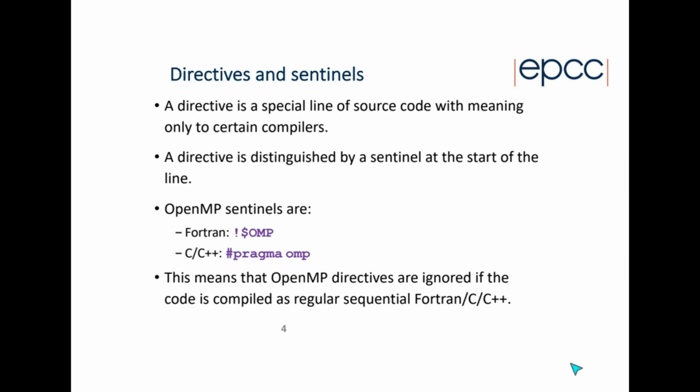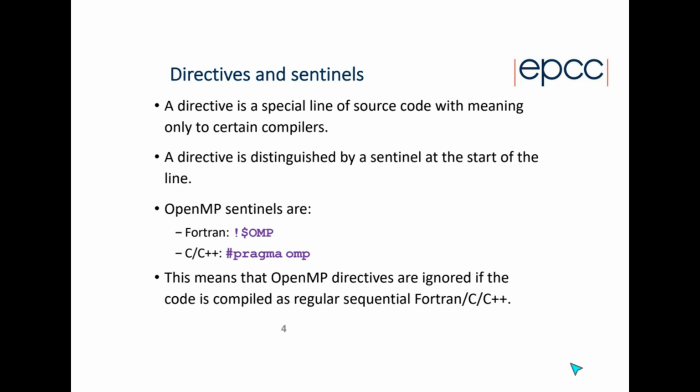So what's a directive? A directive is a special line of source code that has meaning only to certain compilers, or has meaning only if a compiler has a certain flag set. So it's an extension to the underlying base language. A directive in OpenMP is distinguished by what's called a sentinel at the start of the line.